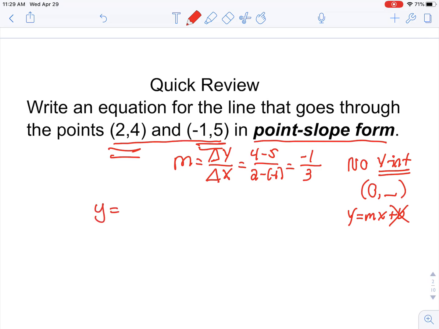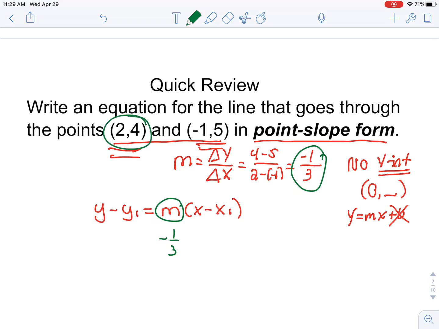Instead, we're going to go back and use what we call point slope form, which looks like this. In point slope form, we can plug in our slope, so we know that our slope is -1/3, and we can pick one of our ordered pairs to plug in for the x1 and the y1.